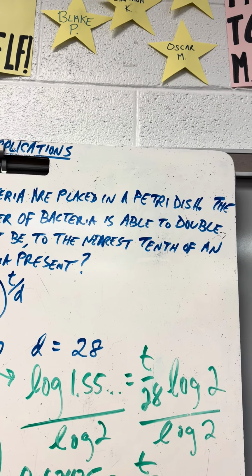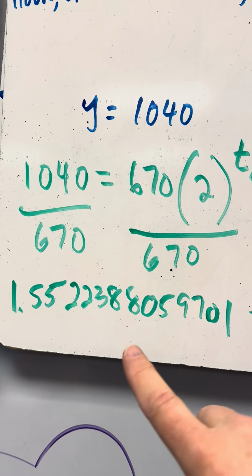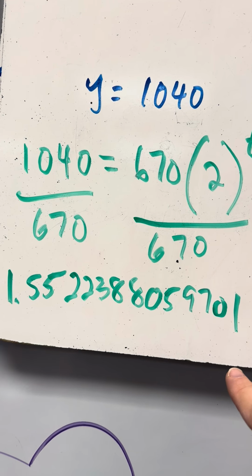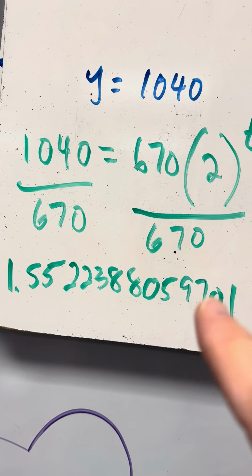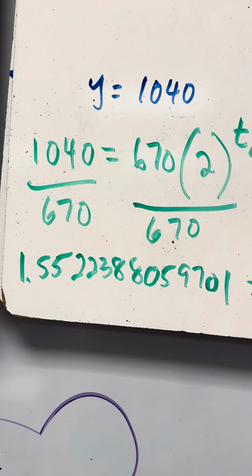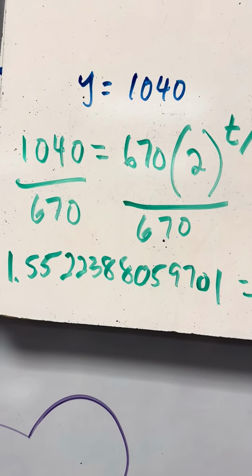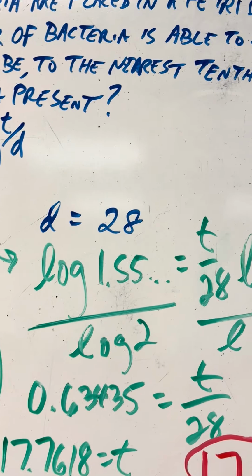Now, ideally, on your phone calculator, if you have this 1.55 big thing here, and you just type log or log 10 or whatever, it should come up with the log of this 1.55. If that doesn't work, then use your Desmos calculator.